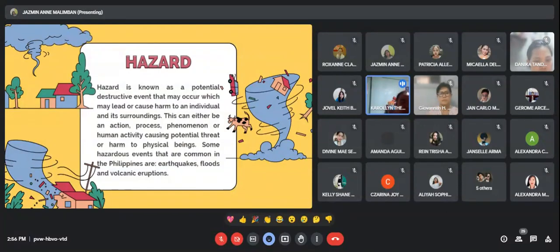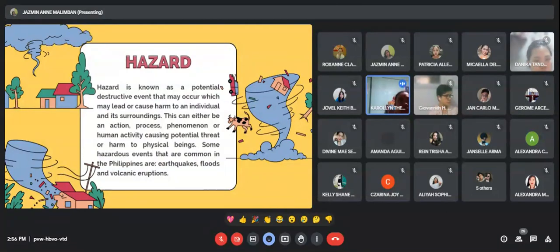So, this kind of it can be a process, a phenomenon, or a human activity. Yun nga po yung nasabi. Disasters can either be natural or man-made na naglilid nga po leading to cause of loss of life, injury, and also other health impacts po.